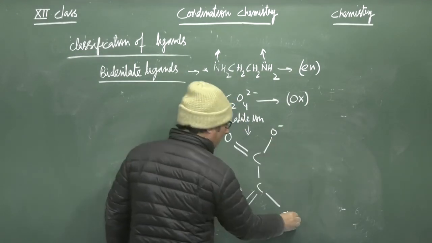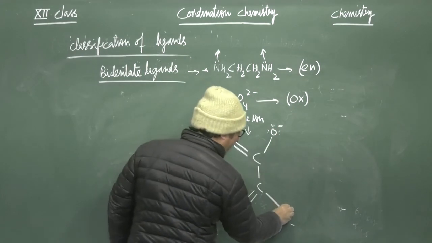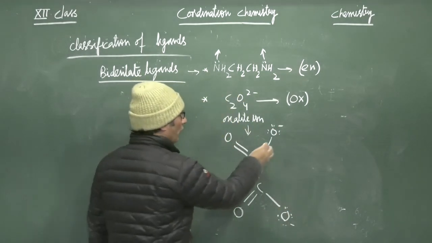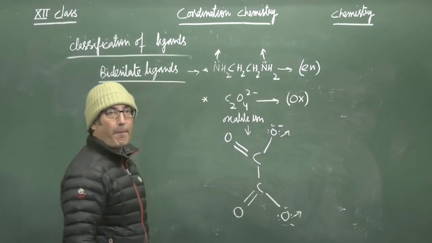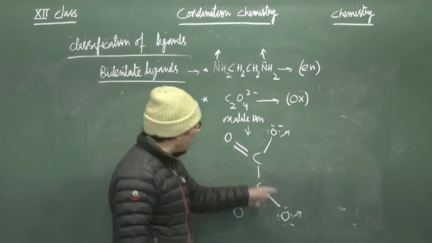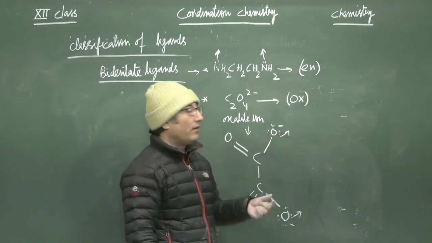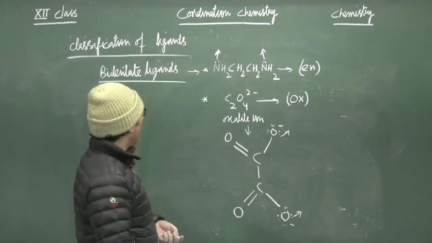This oxygen and this oxygen are the donor atoms. Again both the donor atoms are the same, like EN. This OX is also a symmetrical bidentate ligand.